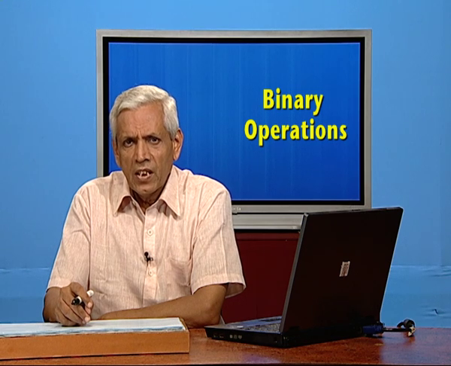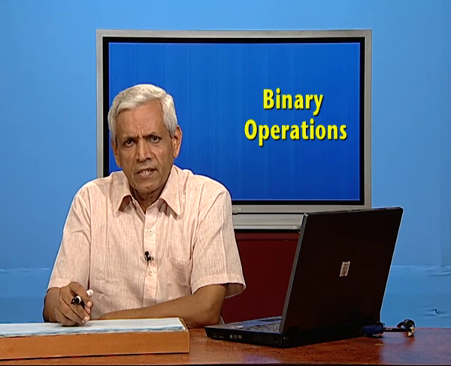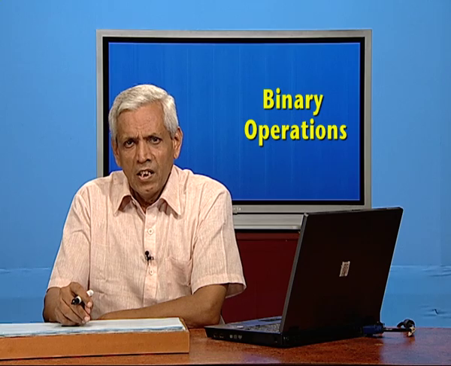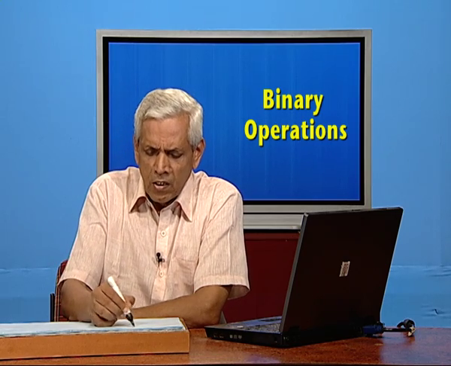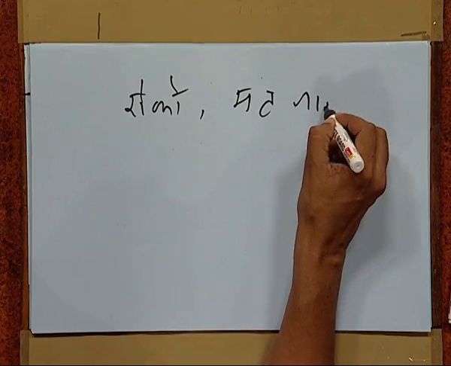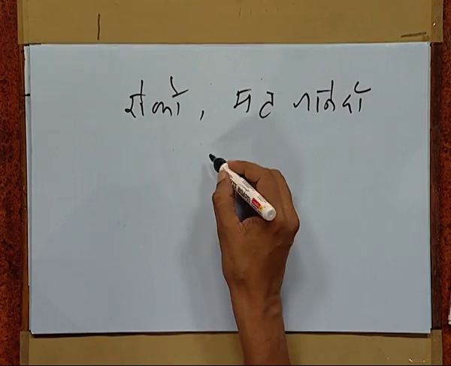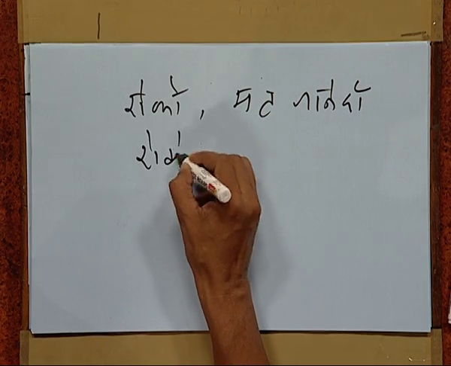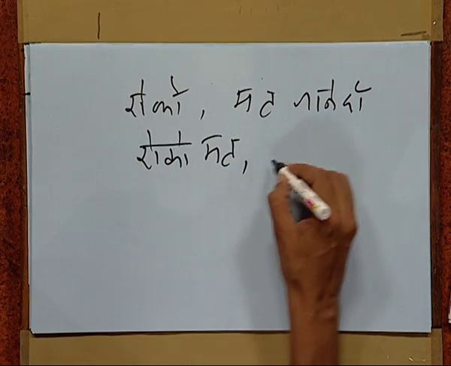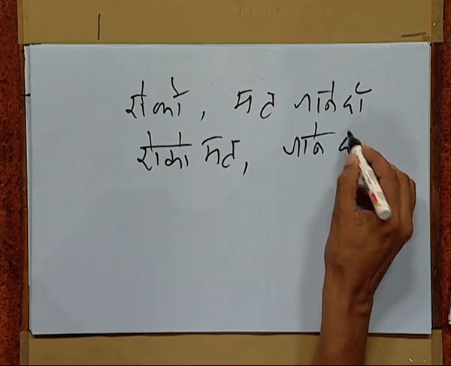For instance, if somebody has taken your pocket and running away, you want to say that "roko, mat jane do," but you said "roko mat, jane do."